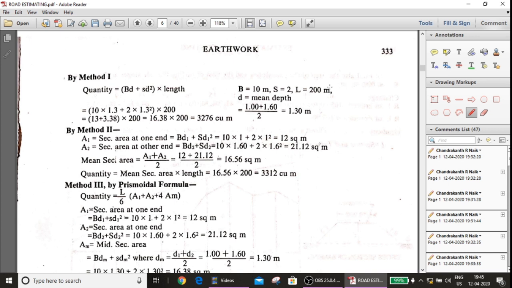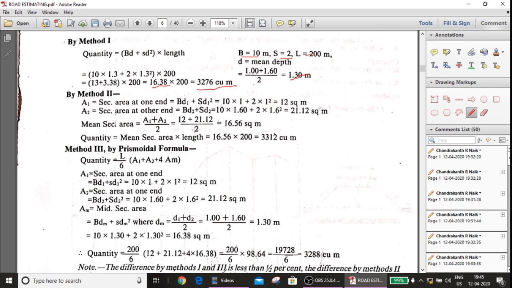Method 1: B is 10, S is 2, L is 200, mean depth D is (1 plus 1.6) by 2, which gives 1.30. So quantity is equal to (BD plus SD square) into length. Substituting, you will get around 3276 cubic meter by method 1.